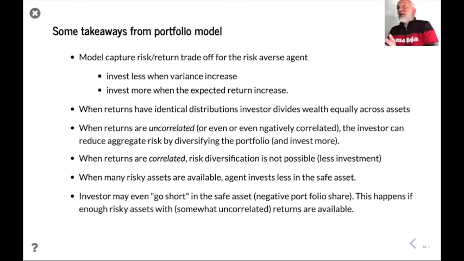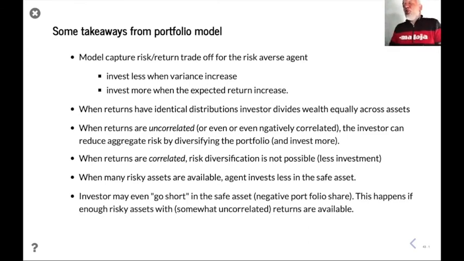The combined asset is very attractive compared to the outside option, the safe asset that has lower return yet no variance. So it's a way of decreasing the variance by investing in many different assets with uncorrelated or even negatively correlated returns. That's kind of the perfect world for an investor, right?